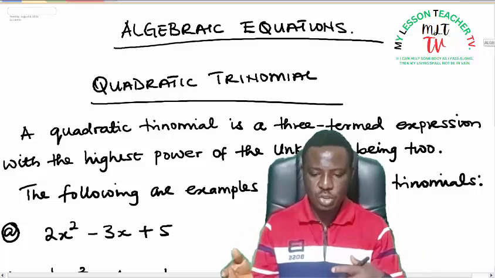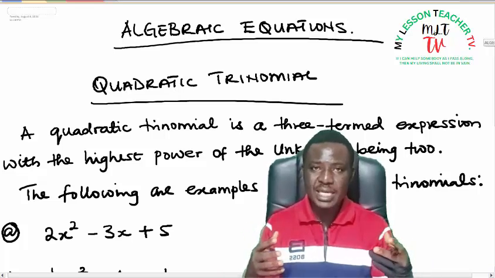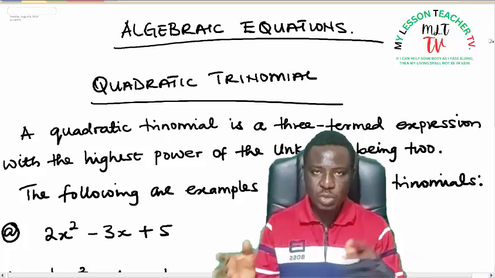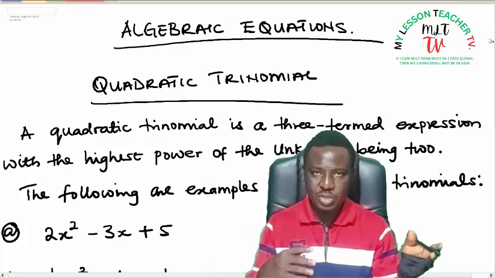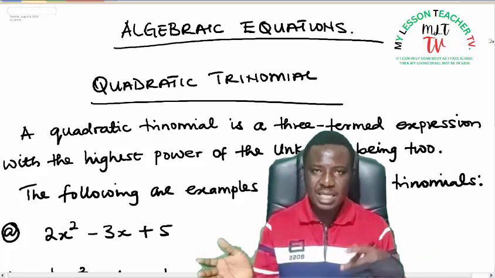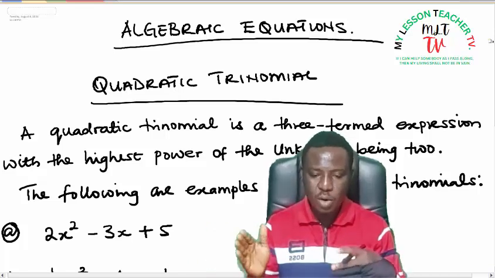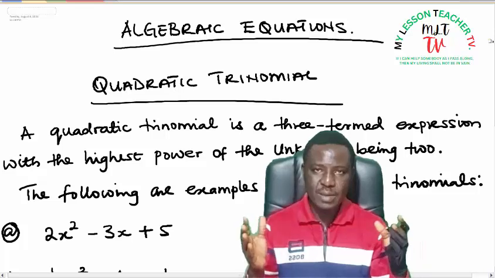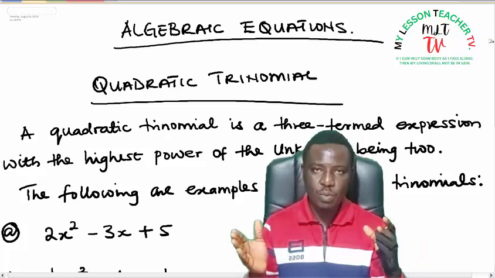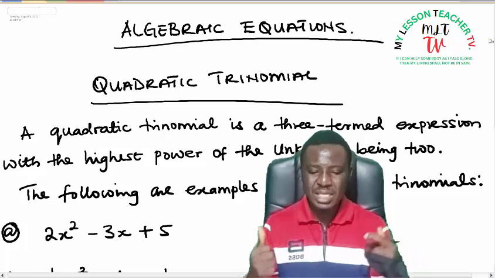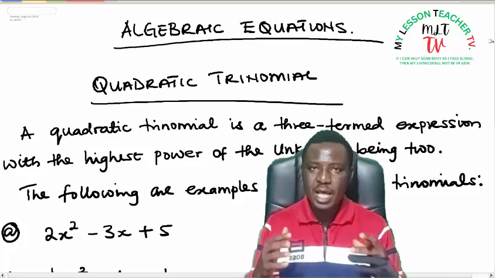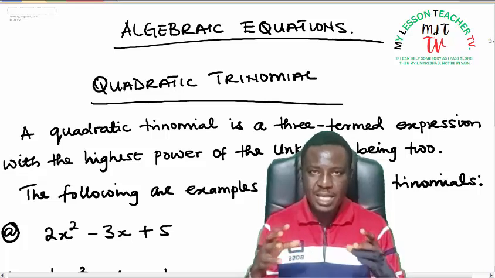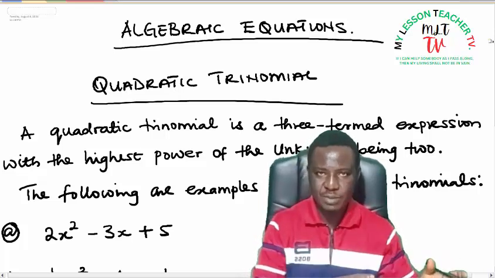We said quadratic equations can either be binomial, that is 2 terms, or trinomial, which is 3 terms. At the last class in SS1 under quadratic equation, I gave you so many examples on quadratic binomial. So in today's class, we shall look at quadratic trinomial, where the expression has 3 terms.